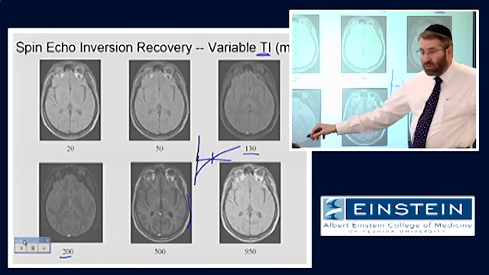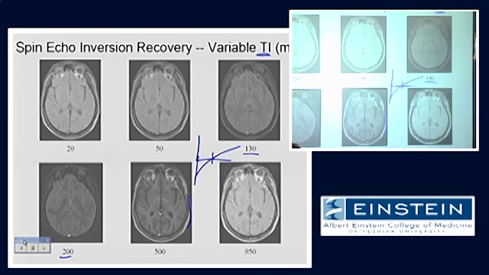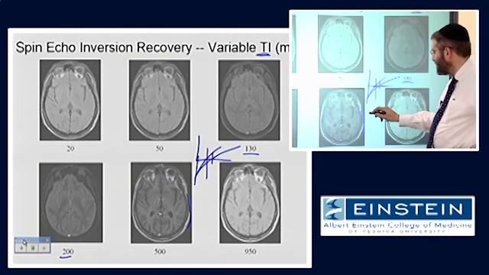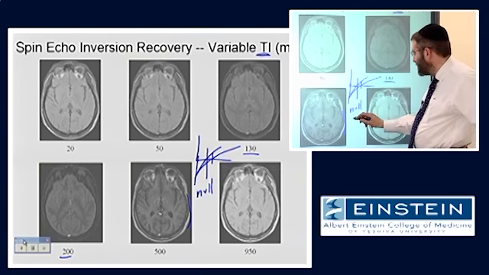There's lower signal in the white matter than there is in the gray matter. This has to do with the fact that we are also hovering around the range of where myelin is crossing zero. This point, meaning this time from the 180 until one of these T1 curves crosses zero, is referred to as the null point.